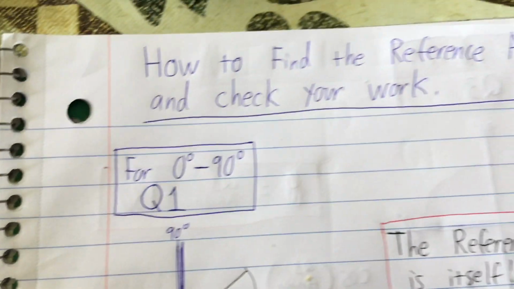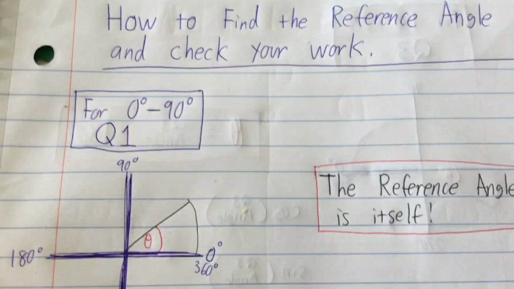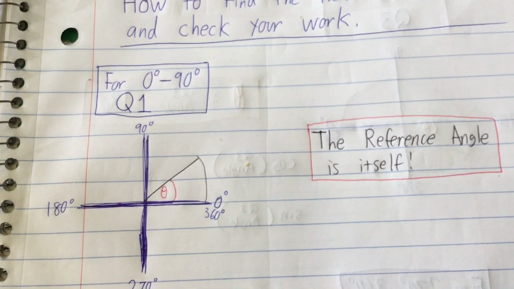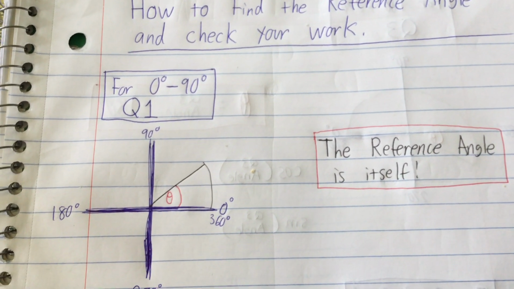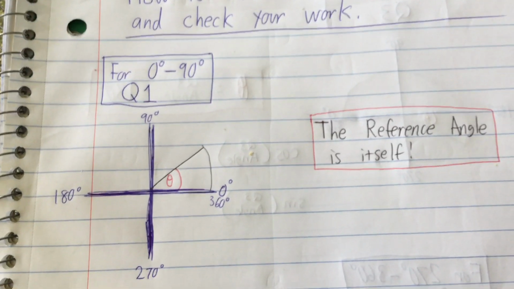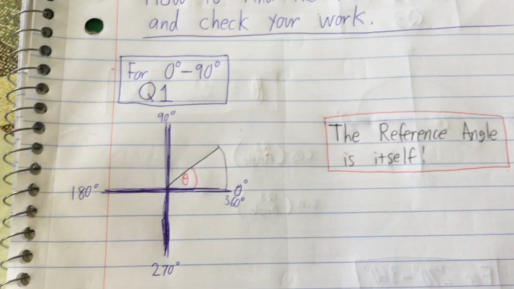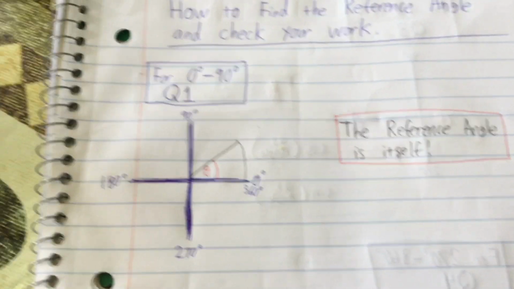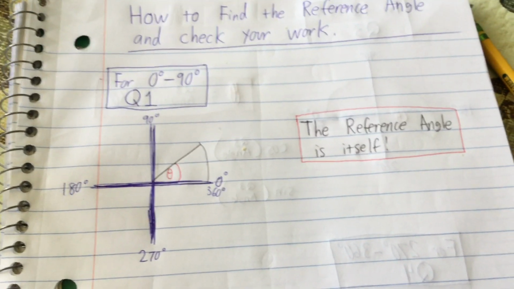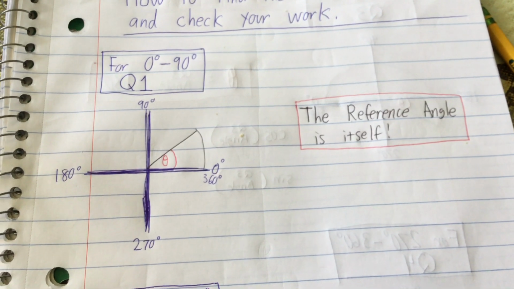So how do you find reference angles? Well, if the angle is between 0 degrees and 90 degrees, then the reference angle would be itself. After all, we're trying to figure out an angle between 0 and 90 degrees in one of the 4 quadrants.